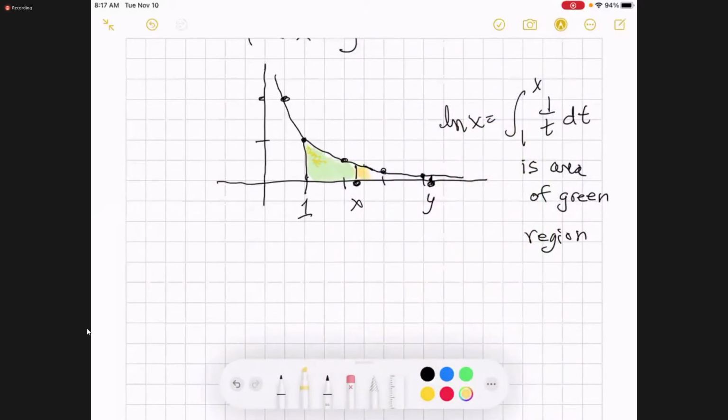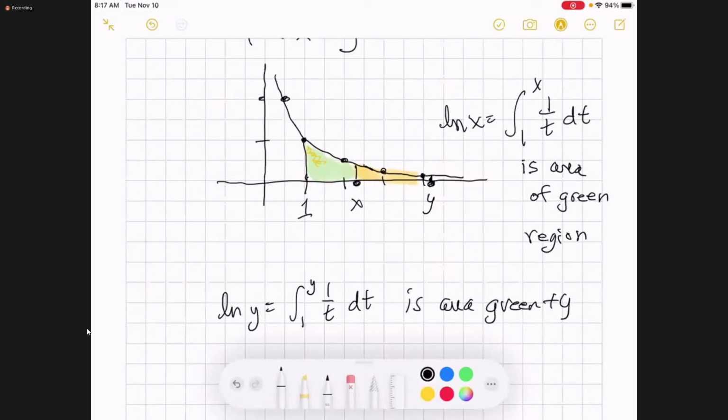So ln of y is going to be the green plus that yellowish region. Ln of y would be the integral from 1 to y of 1 over t dt, and that is the area of the green plus the yellow region.